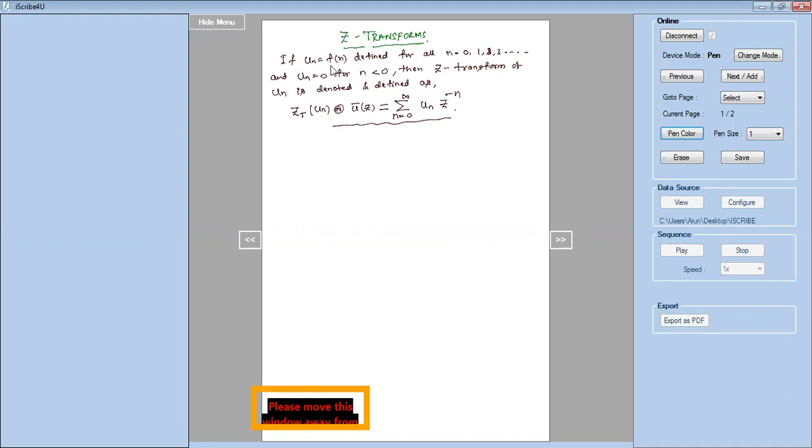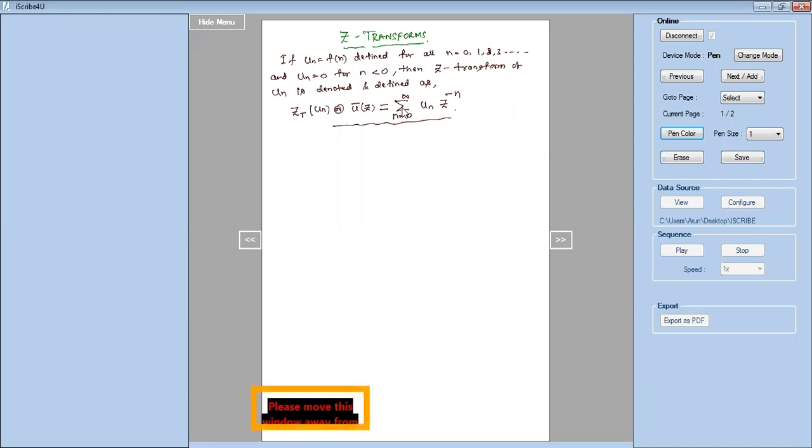If un is a function defined for all positive integers n, and un is 0 when n is negative, then the Z transform of un is denoted as Zt of un or u bar of z, and given by the summation n equal to 0 to infinity of un z power minus n. The summation is also nothing but integration.